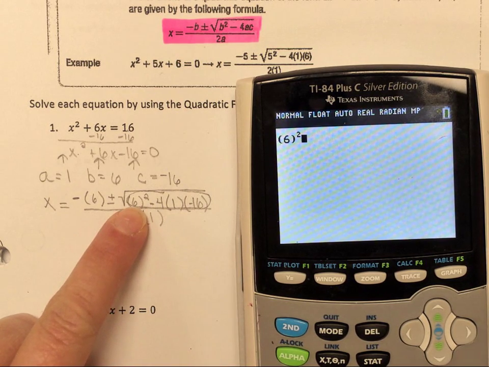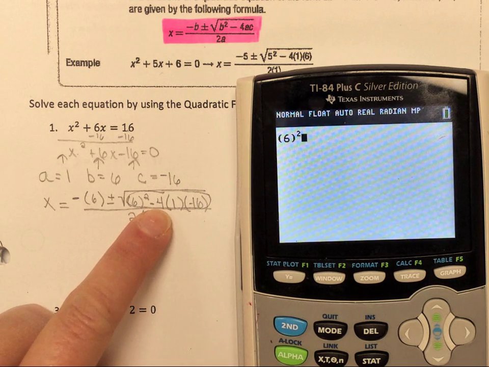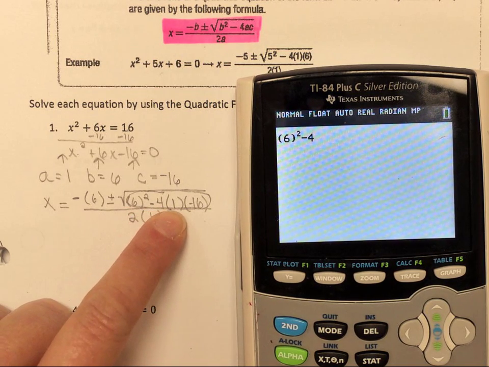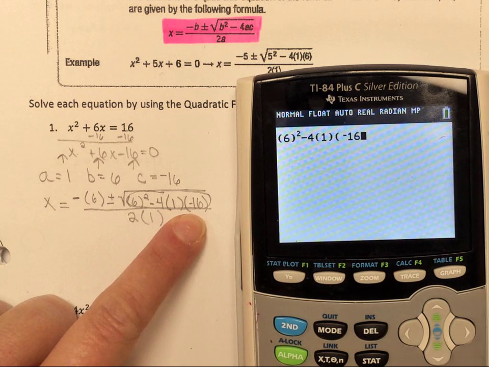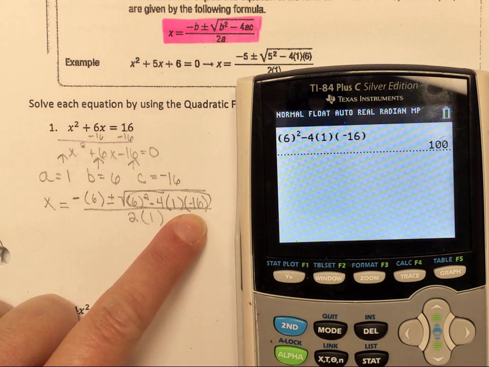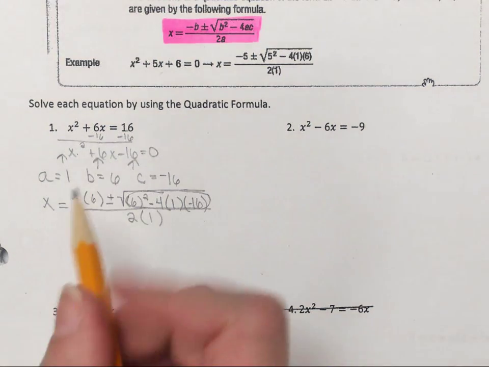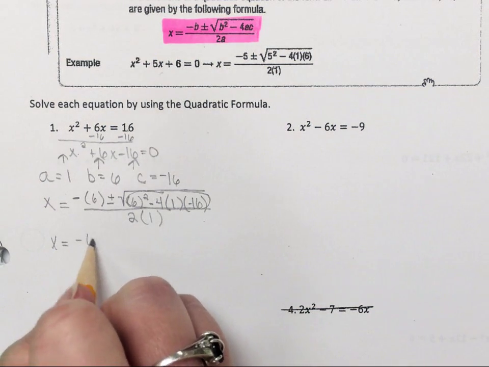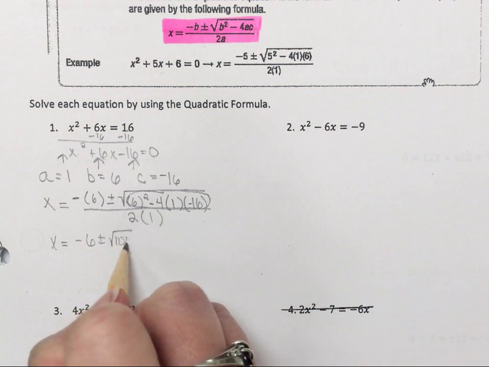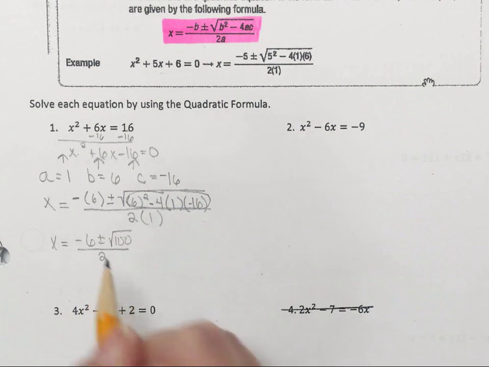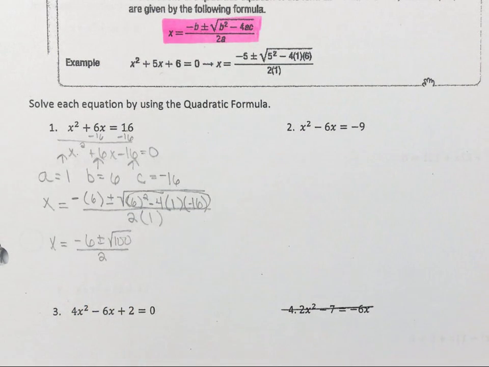Parentheses 6 squared, subtract 4, parentheses 1, parentheses negative 16. And it'll give you an answer, okay? Does that make sense to everybody? A lot shorter. So that's 100. So we have negative 6 plus and minus the square root of 100. And on the bottom, 2 times 1 is 2.